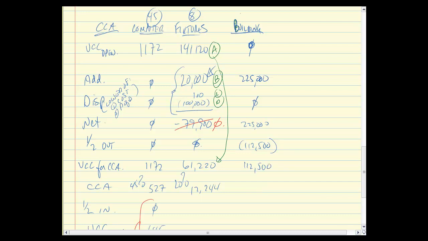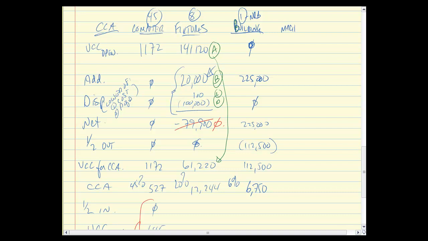This will be a class 1 non-residential, so that will be 6%. And that will be 6750. Okay, so that's a straightforward one, one asset per class being added.